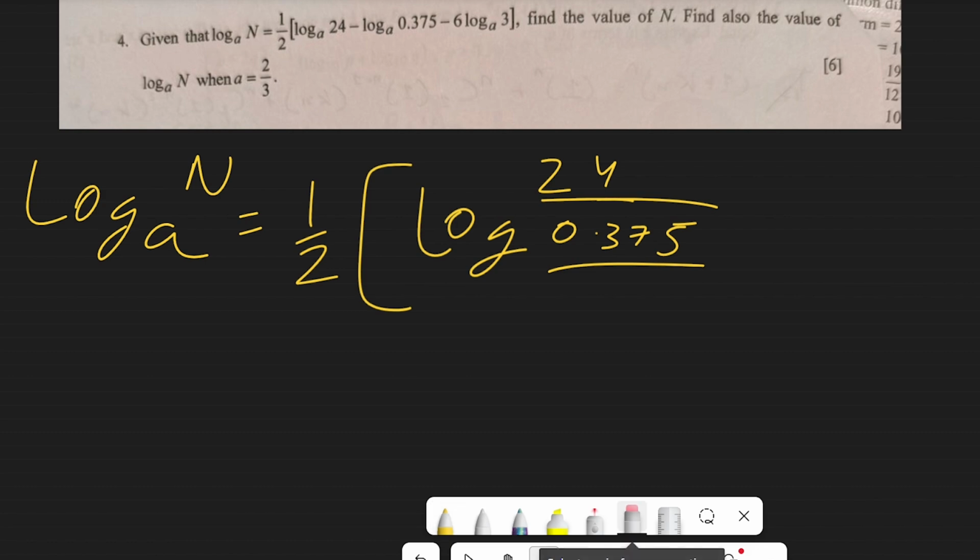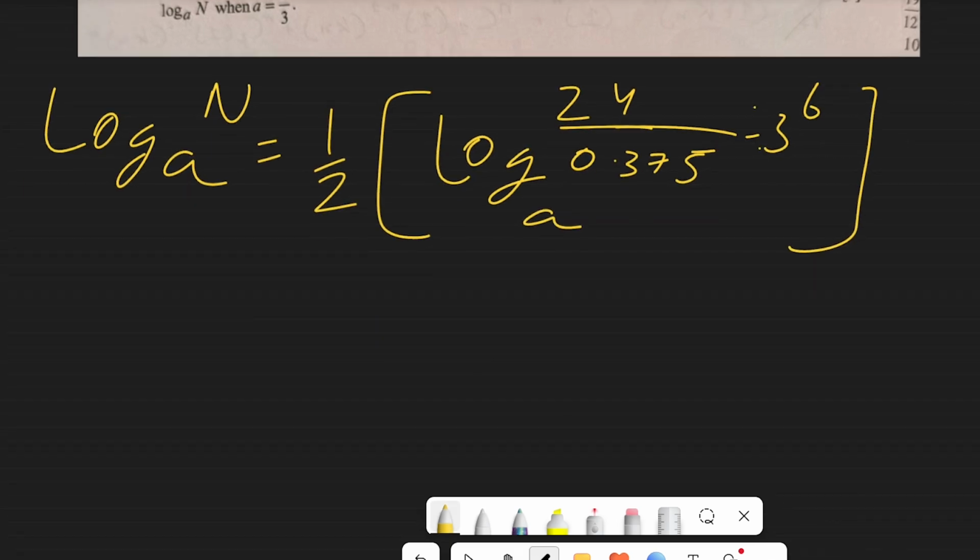First we will divide this, then we would divide that by 3 power 6, and that is to the base a.